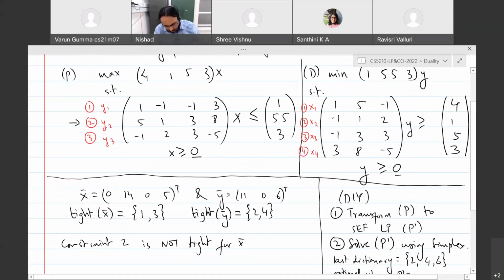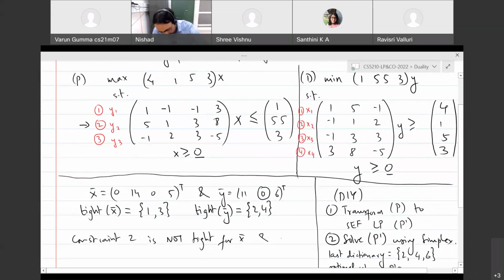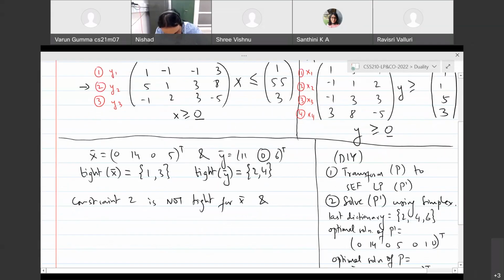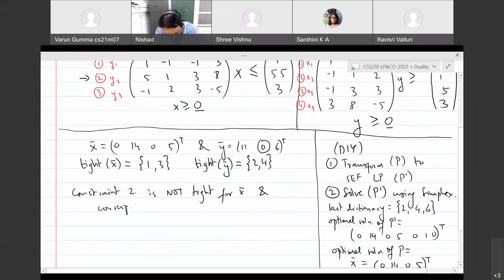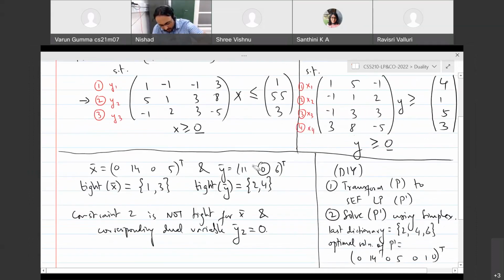And if you look at y bar 2, you see a 0. In fact, it is the only 0 entry in this dual solution, y bar.